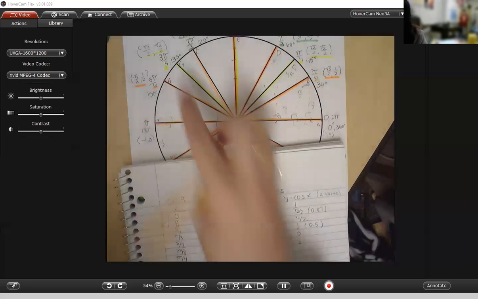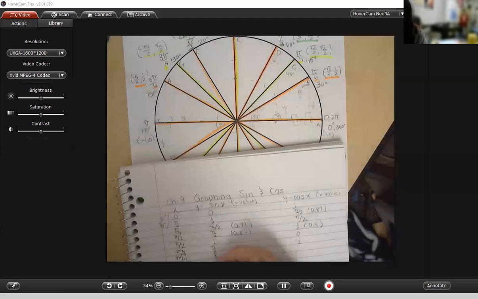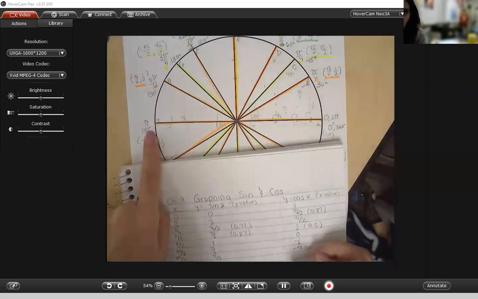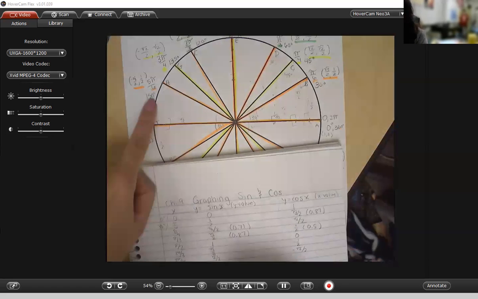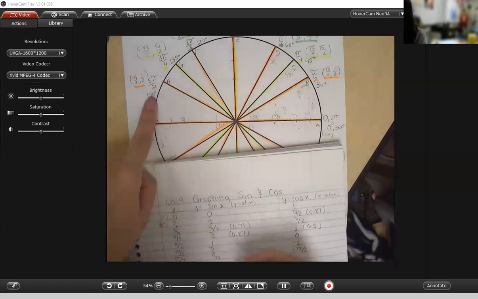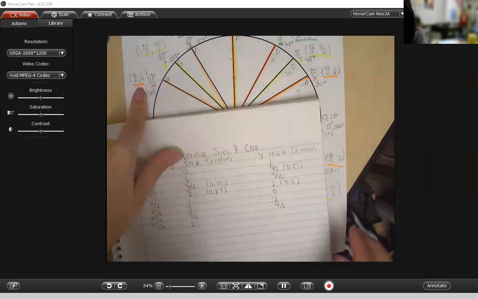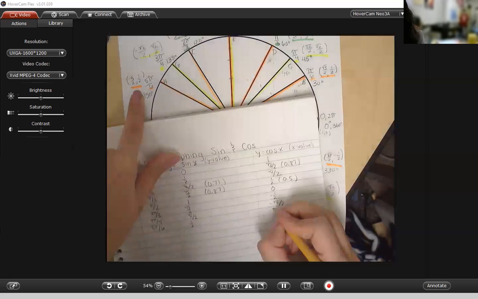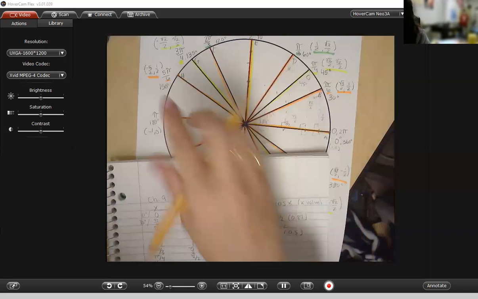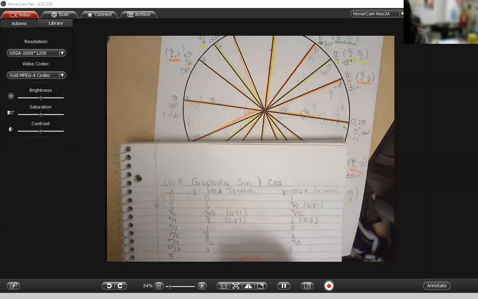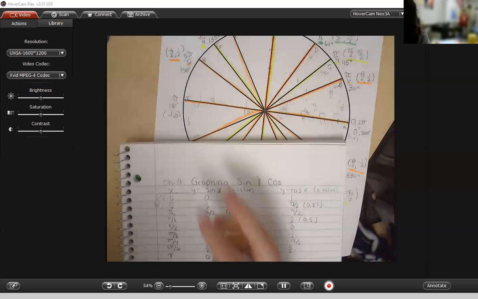My sine is positive rad 2 over 2. My cosine is negative rad 2 over 2. 5 pi over 6. My sine is 1/2, and my cosine is negative rad 3 over 2. Then I got to 1 pi. And my sine is 0, and my cosine is negative 1.